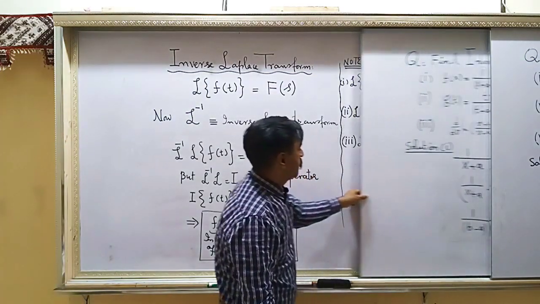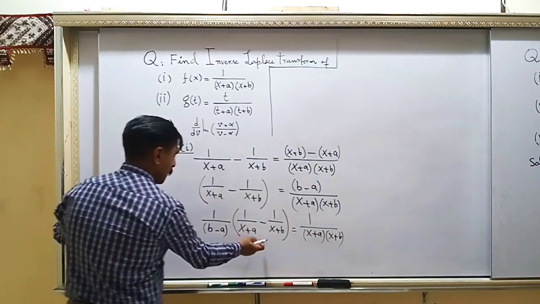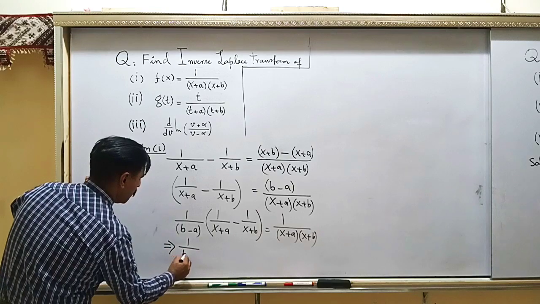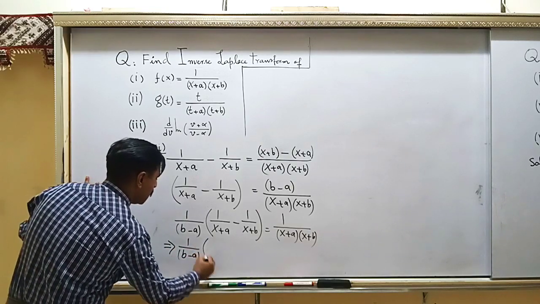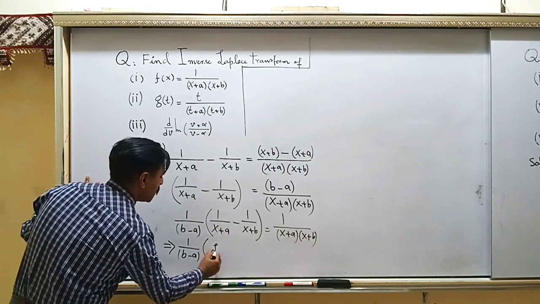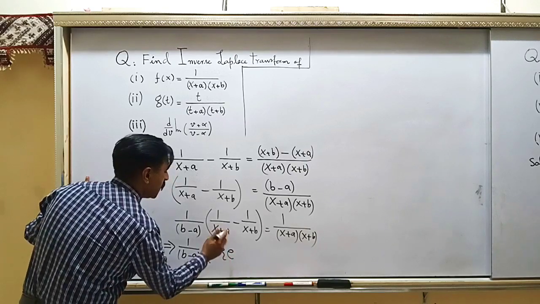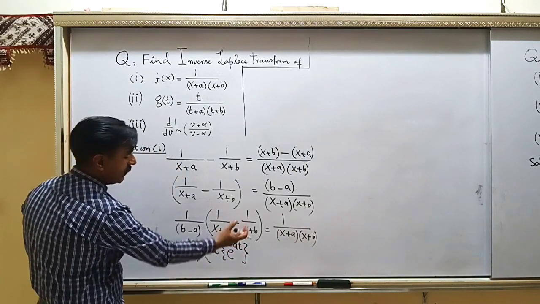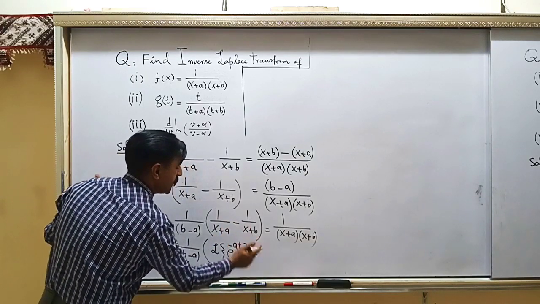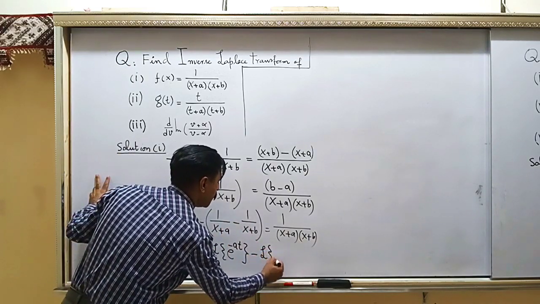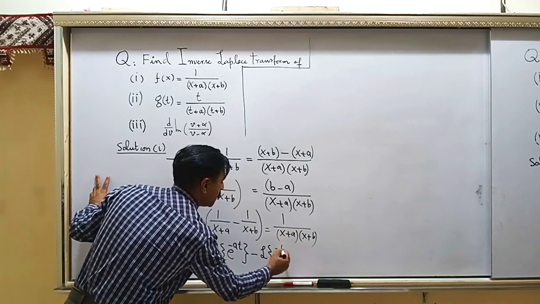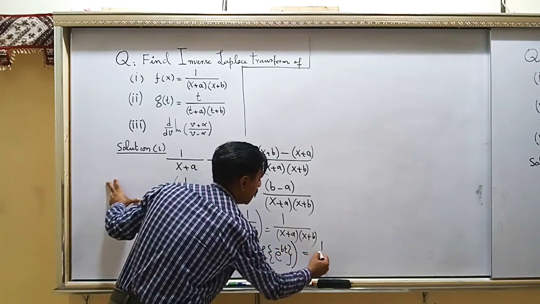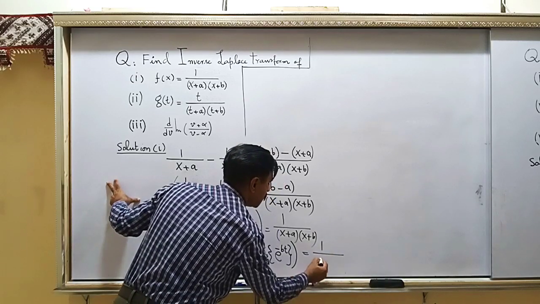So the constant is 1 over b minus a as such. And this is the Laplace transform of e to the power minus a into t, t is the variable, and minus the Laplace transform of e to the power minus bt. And the right hand side is the same, no change in it.